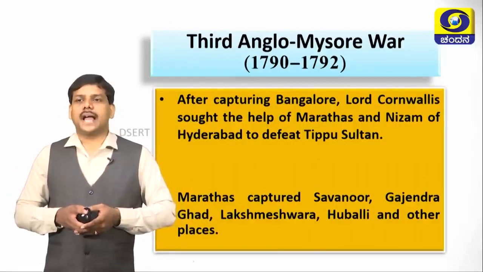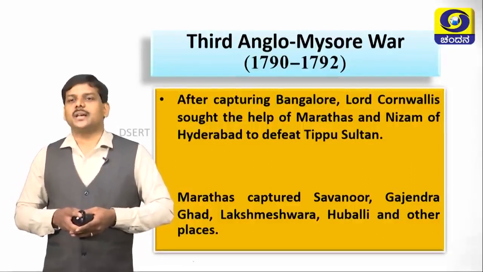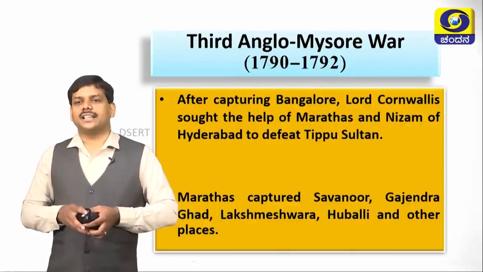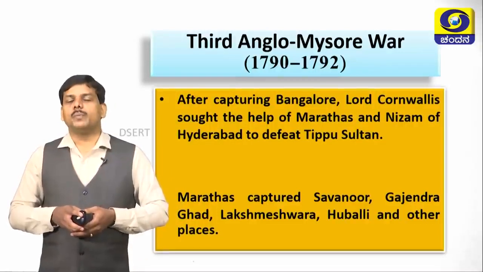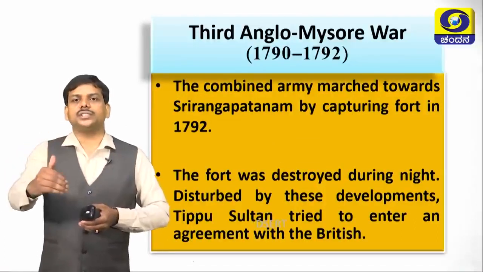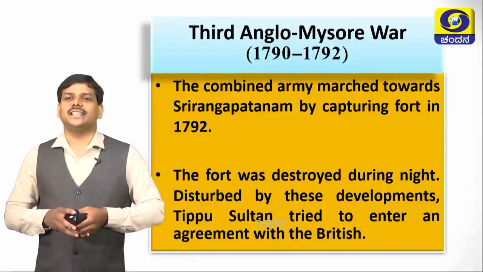After capturing Bangalore, Lord Cornwallis sought the help of the Marathas and the Nizam of Hyderabad to defeat Tipu Sultan. In the same way, the Marathas captured Savanuru, Gajendragad, Lakshmeshwara, Hubballi and other places. The combined army marched towards Srirangapattanam, capturing forts, in the year 1792.